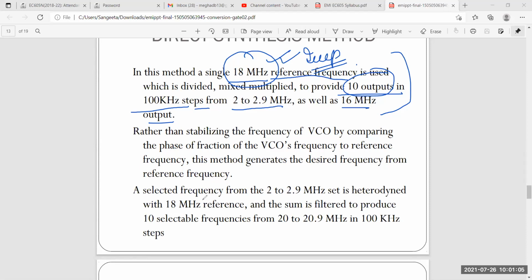A selected frequency from the 2 to 2.9 megahertz set is heterodyned.